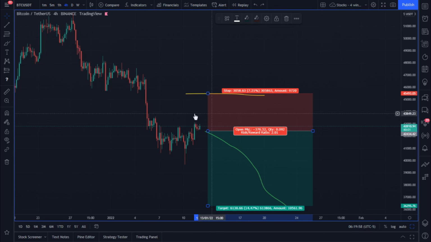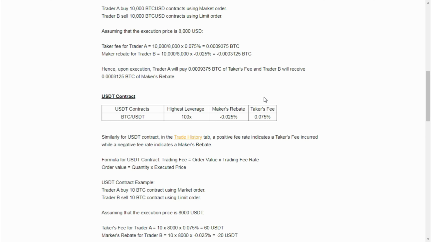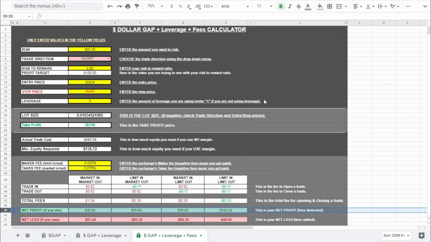So basically what you're saying is if price from entry moved up 7.21%, that would be my stop loss. In this case that's a large enough gap that the fees are quite low. So you're looking at it and you're going, well, I'm risking 50, I lose 51, no big deal. Here I'm risking 50, I still lost 49.65, no big deal.